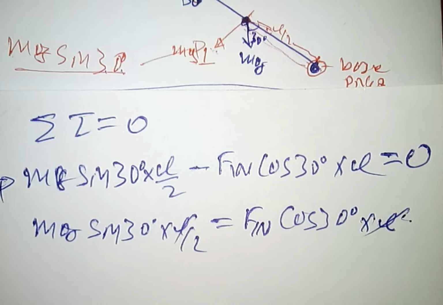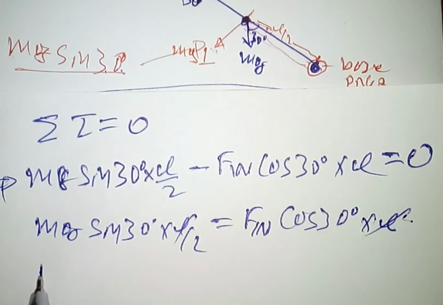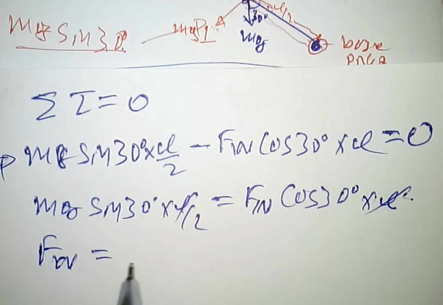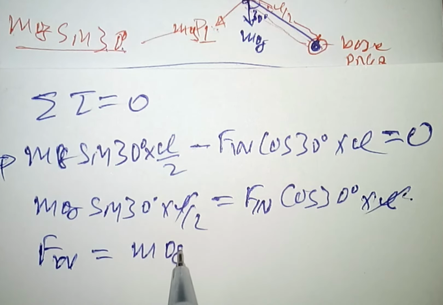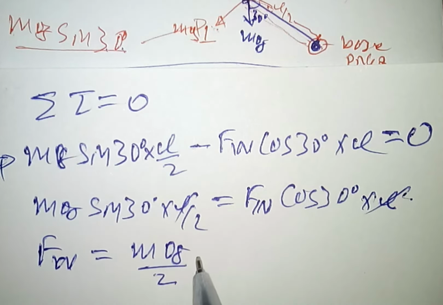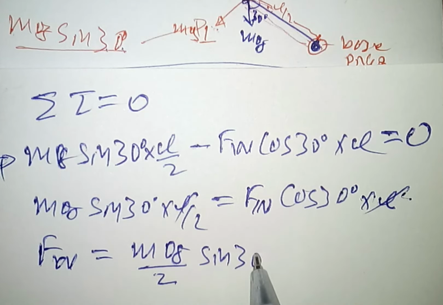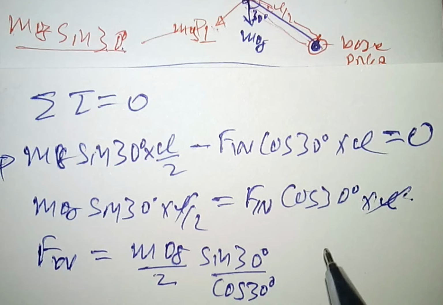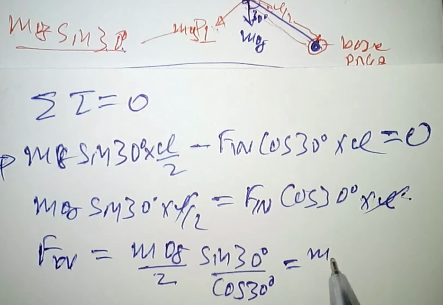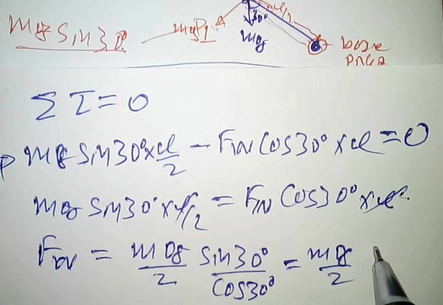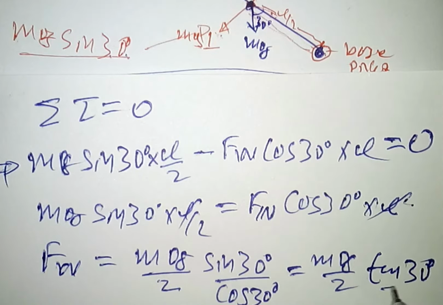So L cancels from both sides, and we see that FW is equal to mg over 2 times sine of 30 degrees divided by cos of 30 degrees, or directly mg over 2 tan of 30 degrees.